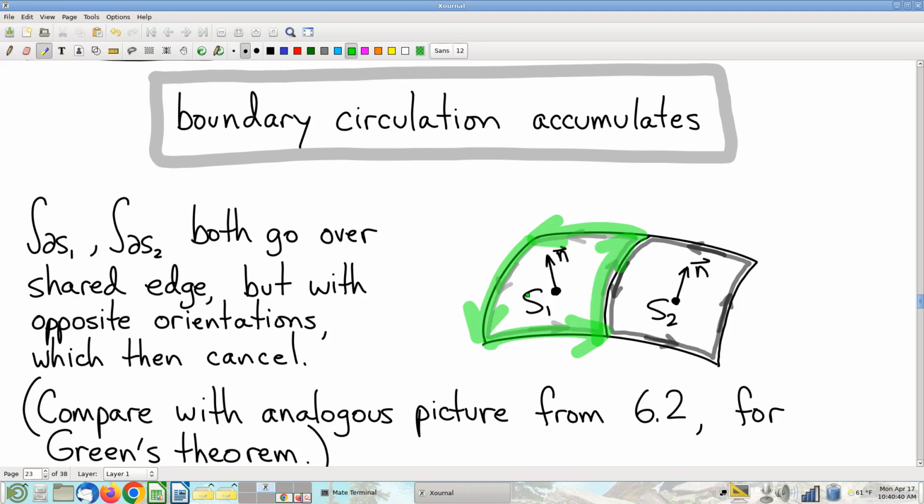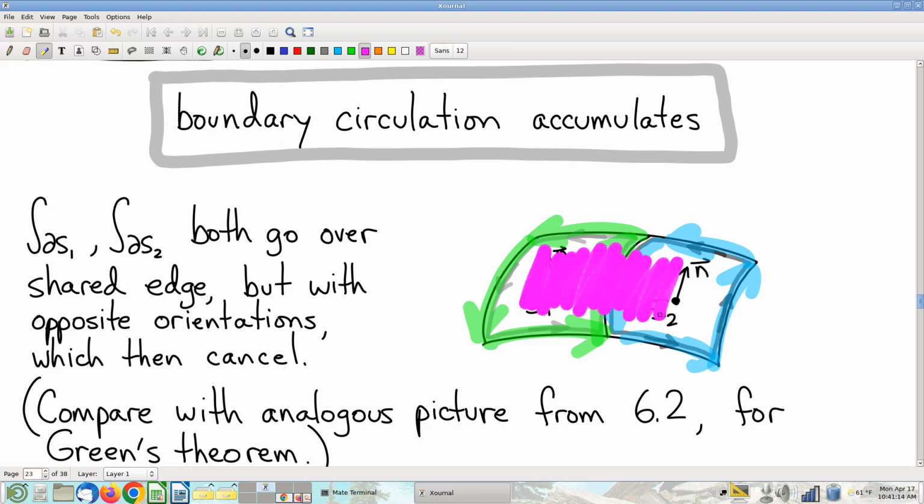Looking at the right piece of surface here, again, oriented as indicated there, finger, swirl, etc. That gives me these pieces of oriented boundary. All right, so I have the blue boundary of the right half. I have the green boundary of the left half. What happens when I add those together?